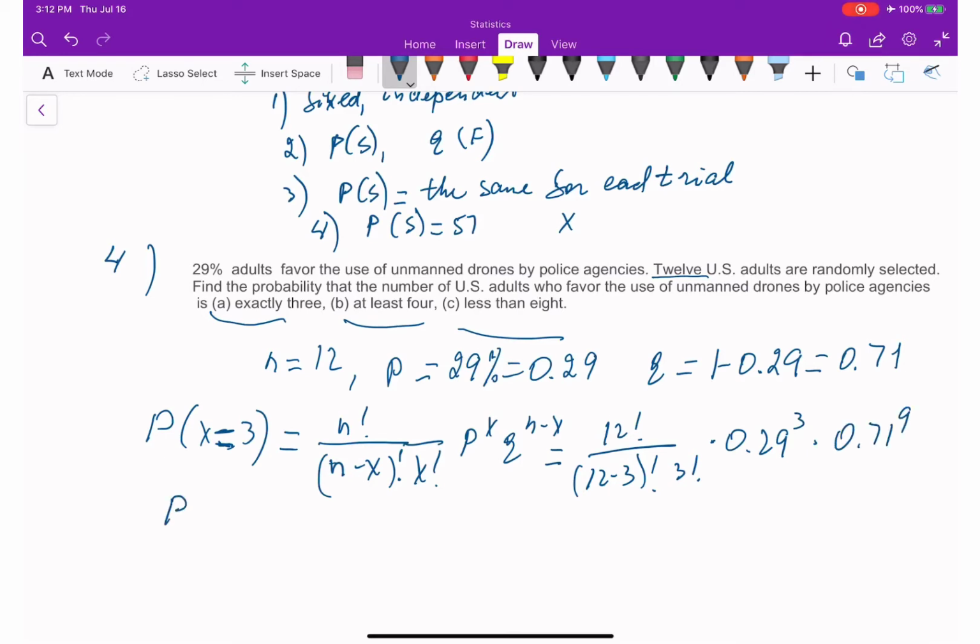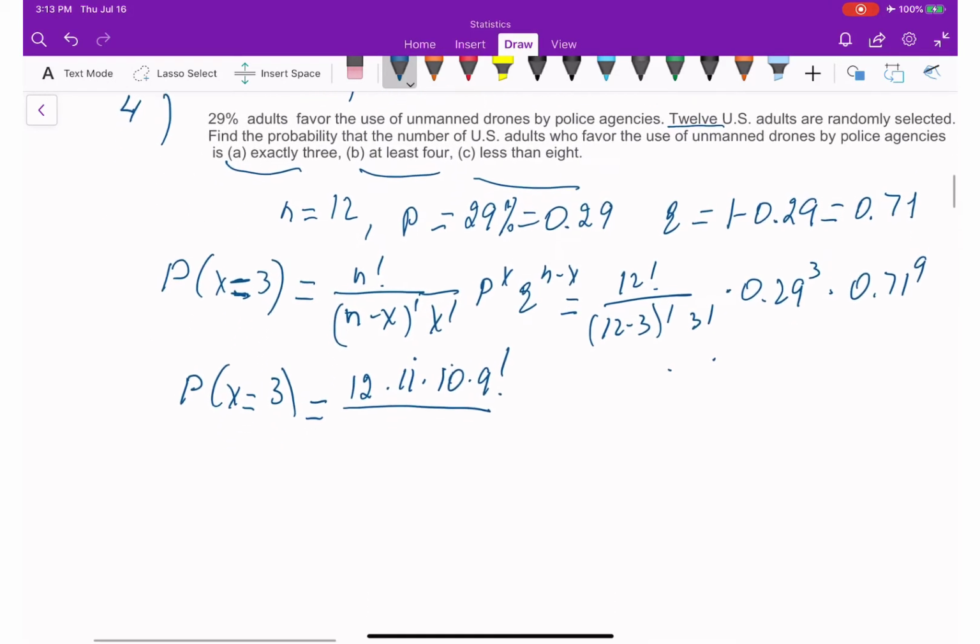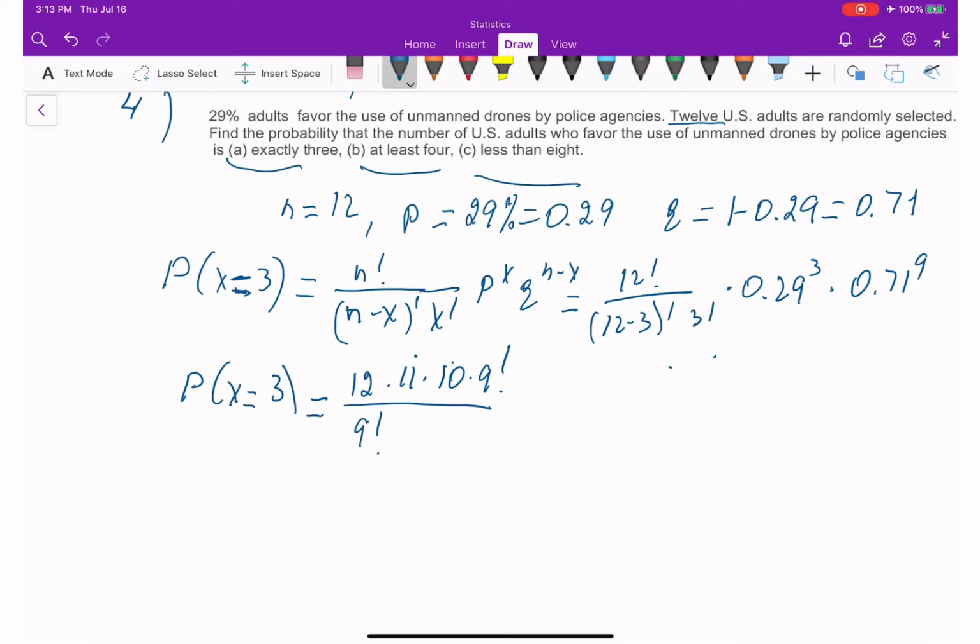If you solve all this, and if you are calculating by hand, you cannot round the numbers, you have to keep 6 digits. Since I did it by hand, let me go ahead and show you. That is equal to 12 times 11 times 10 times 9 factorial, and here we have 9 factorial, and 3 times 2 times 1.